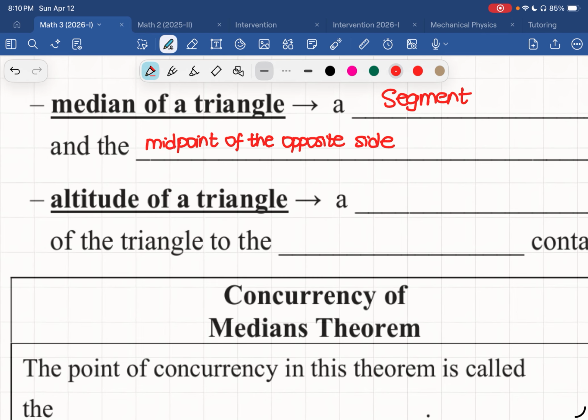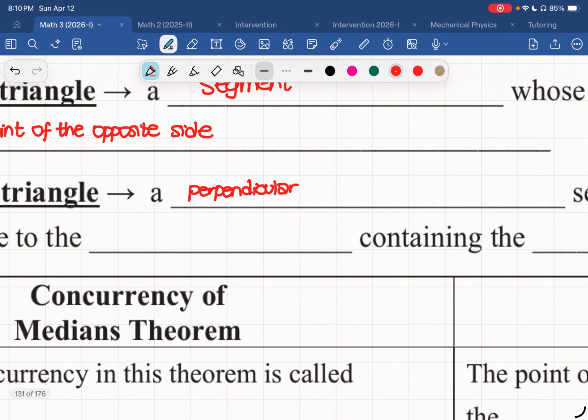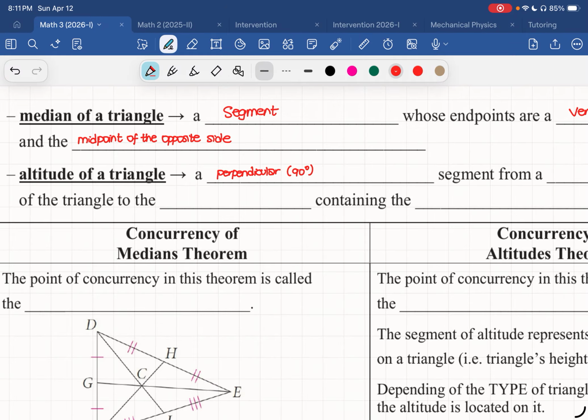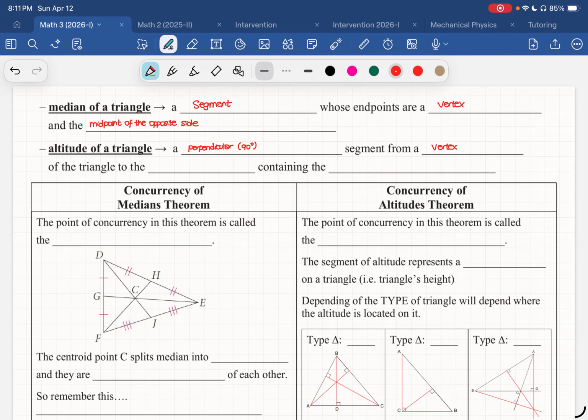Okay, and the altitude of a triangle is a perpendicular segment. So let's put it here, is a perpendicular. What does perpendicular mean? Perpendicular means 90 degrees. Okay, so an altitude of a triangle is a perpendicular segment from a vertex of the triangle to the line containing the opposite side.